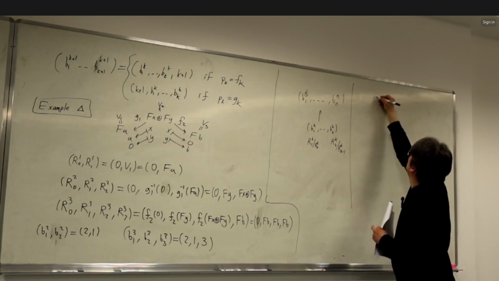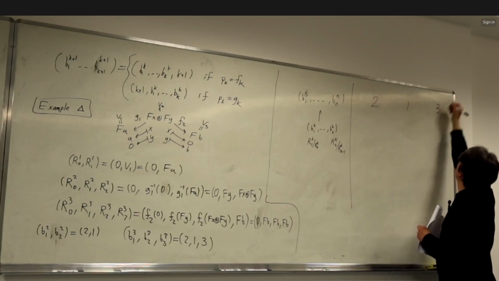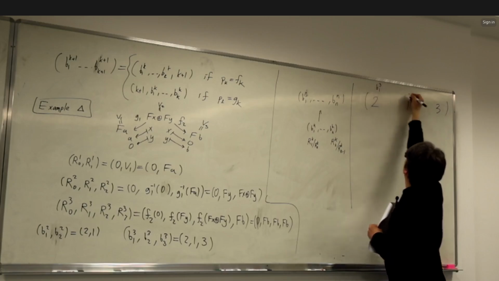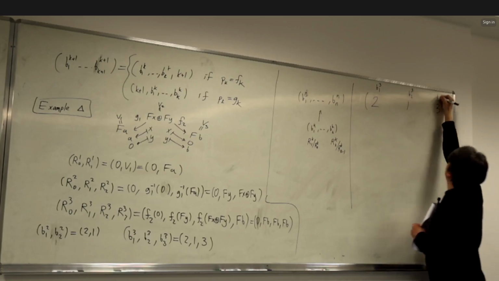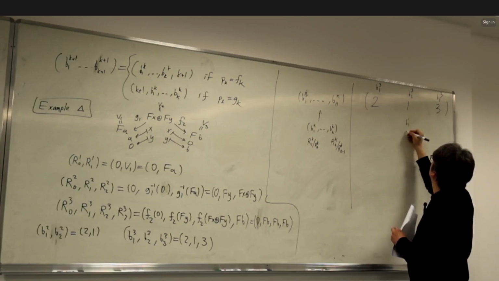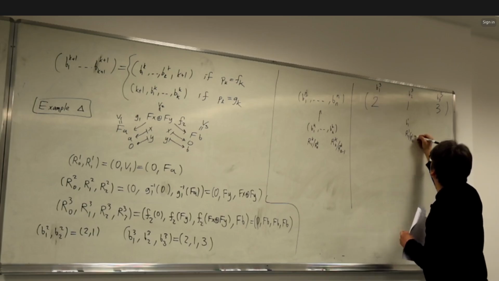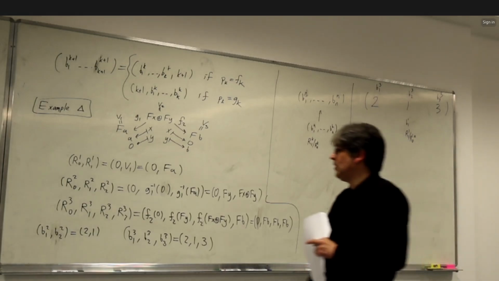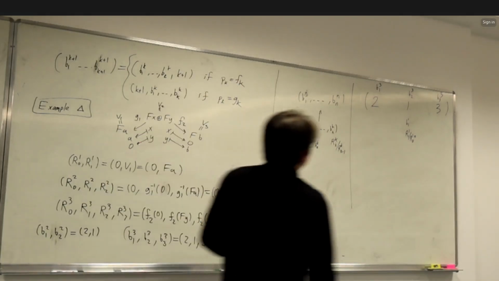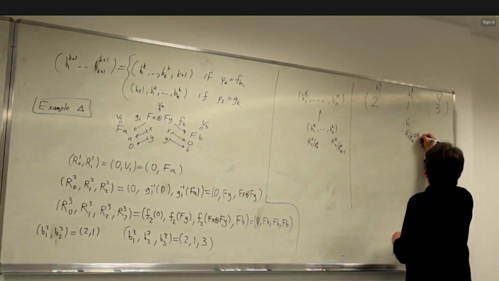There's 2, 1, and 3. That's the last B. B13, B23, B33. And then I have B11. So I put R11 divided by R10 here. Well, what is R11 divided by R10? It's just FA divided by F0, so it's just isomorphic to FA.